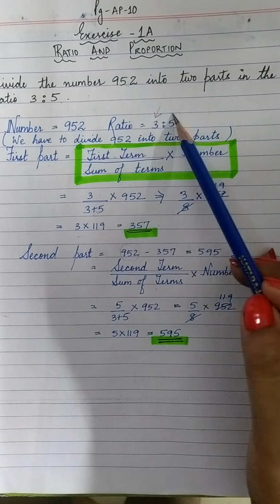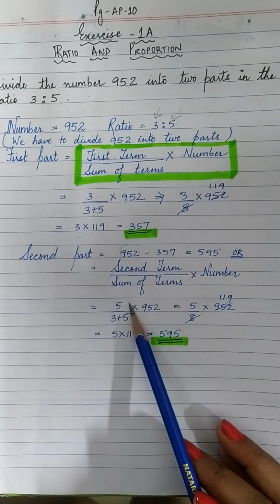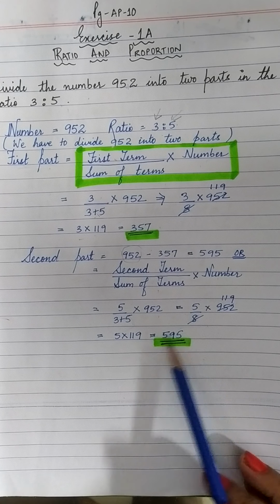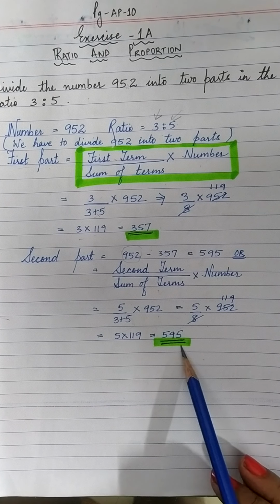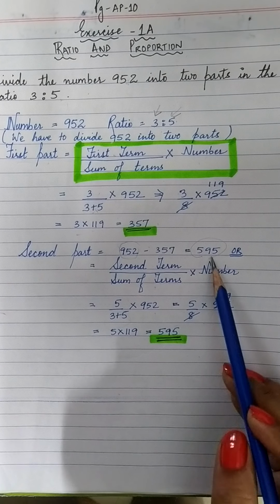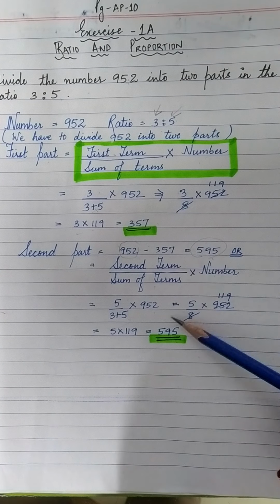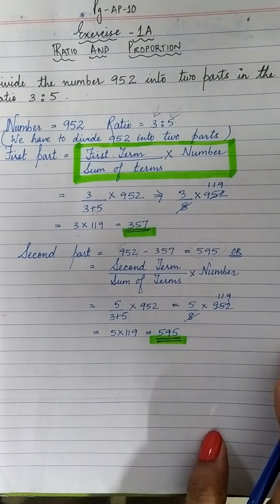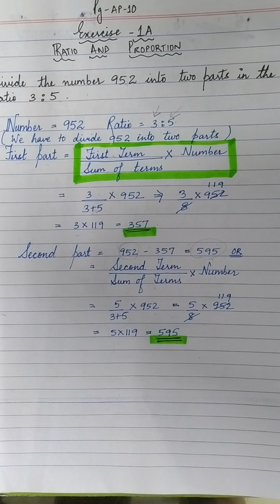So second term here is 5. 5 upon sum of terms 8 into 952, that is the given number. So we have got it as 595, right? And if you subtract also, you are getting 595. So in any of the ways you can find out the second part, right? So this is what we have done in question number 6.